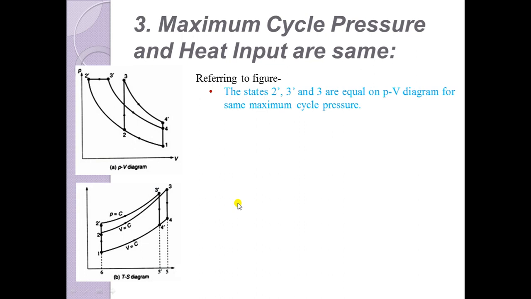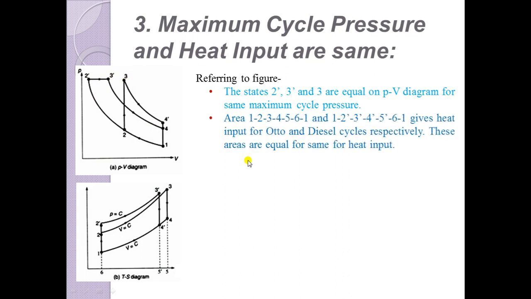So referring to the figure, states 2 dash, 3 dash and 3 are equal on the PV diagram because of the same maximum cycle pressure. So the area 1, 2, 3, 4, 5, 6 and 1 in your TS diagram, and the second area 1, 2 dash, 3 dash, 4 dash, 5 dash, 6 and 1 are same.